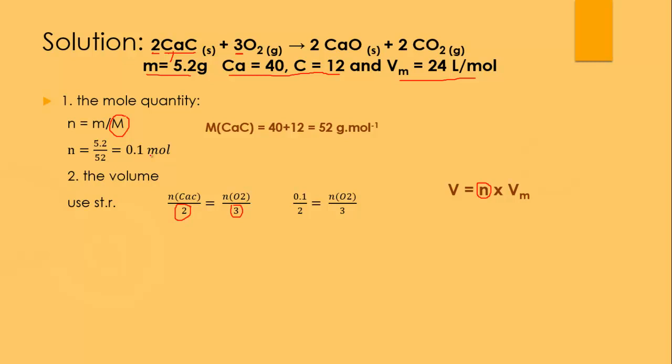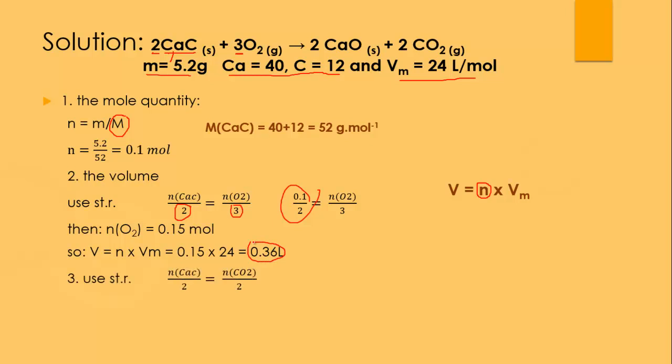We substitute the value of calcium carbide 0.1 mole. So we use this relation to calculate the number of mole of oxygen gas, and then since we obtained the value of oxygen gas as mole quantity 0.15, then we can use the relation V equal n times Vm. We substitute it, and the value of volume of oxygen gas is 0.36 liter.